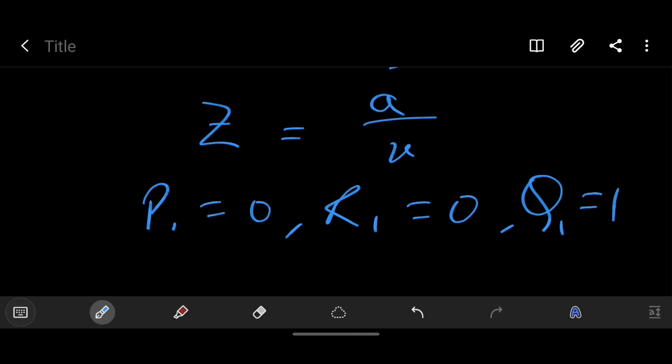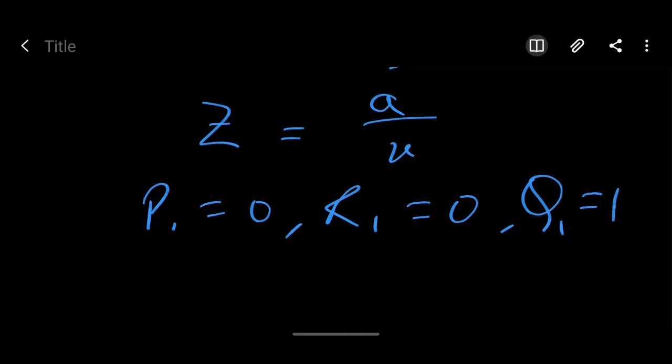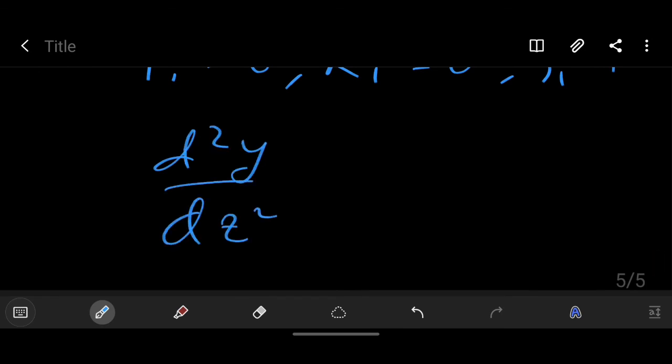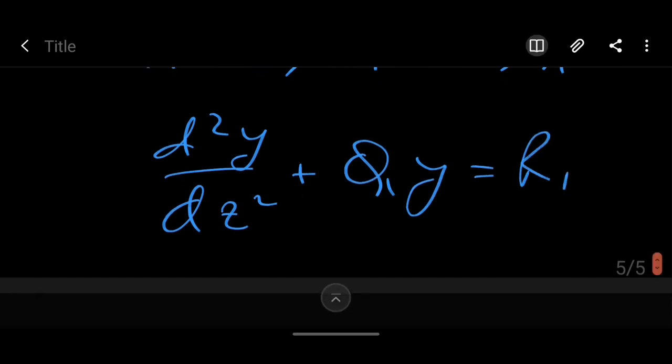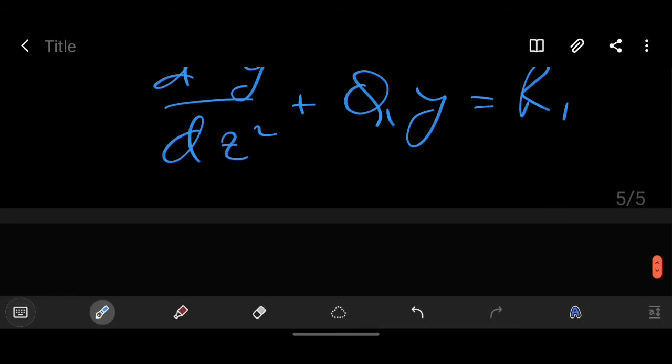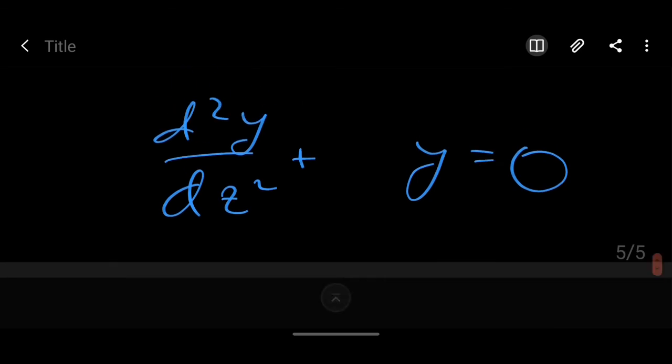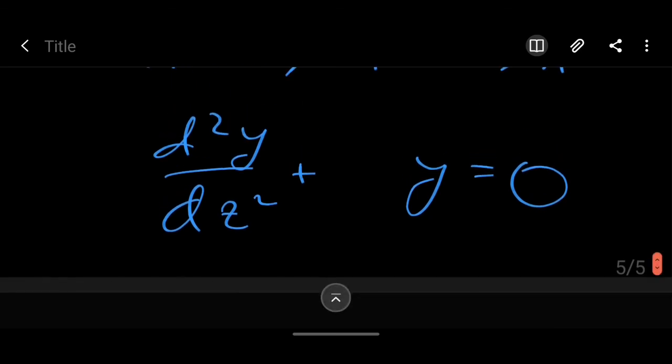Then we have d²y/dz² plus q1 y equals r1, which is the reduced transformed equation. Putting q1 is 1 and r1 is 0, we have d²y/dz² plus y equal to 0.